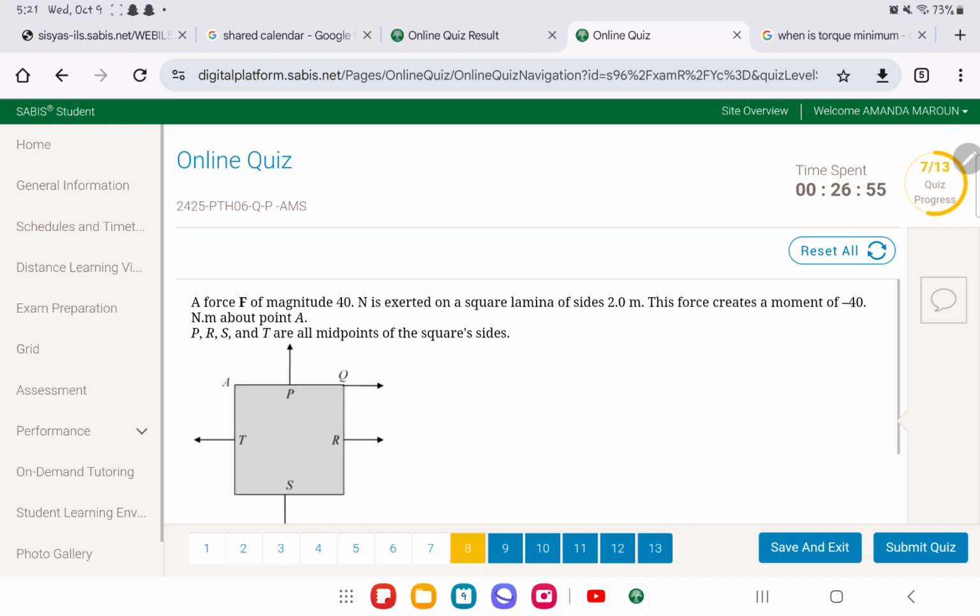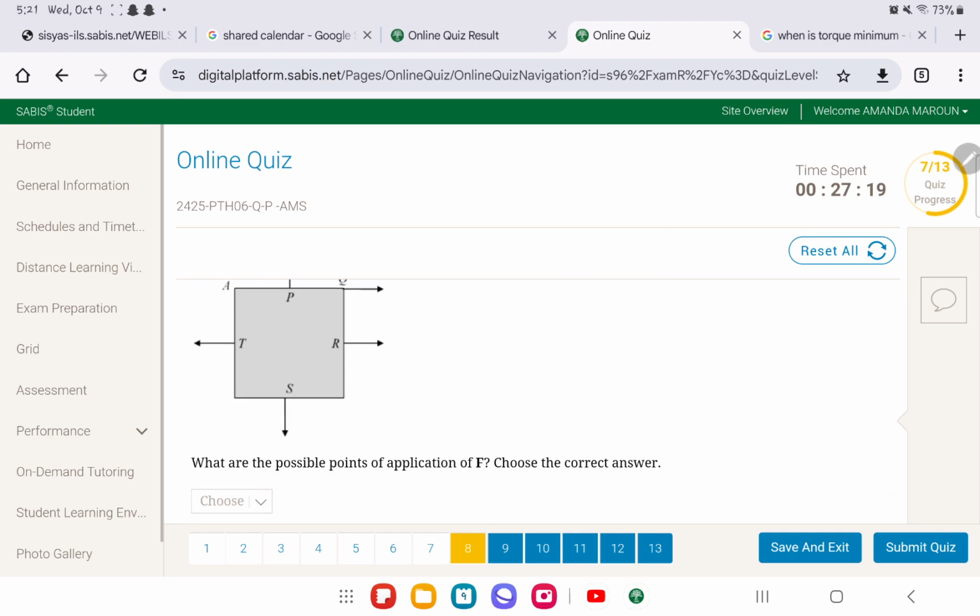Number 8. A force F of magnitude 40 newtons is exerted on a square lamina of side 2 meters. This force creates a moment of negative 40 newton meters about point A. So our axis is point A. P, R, S, T are all midpoints of the square's sides.